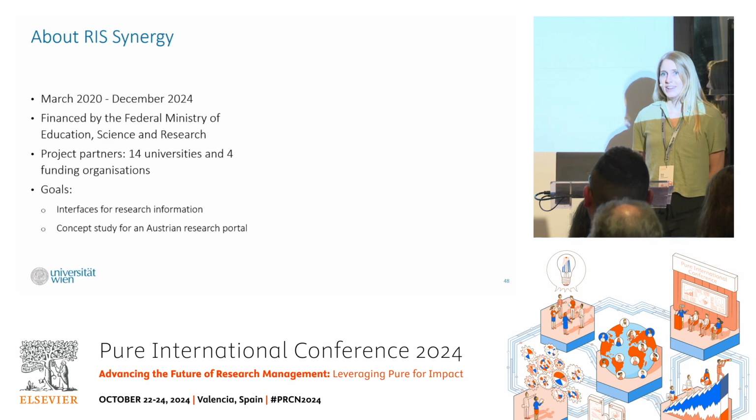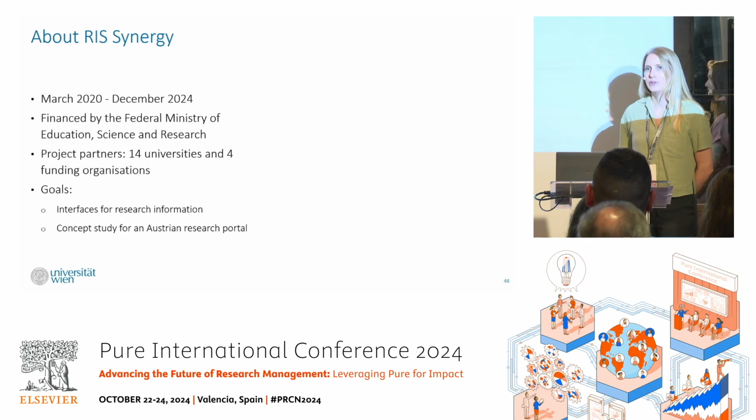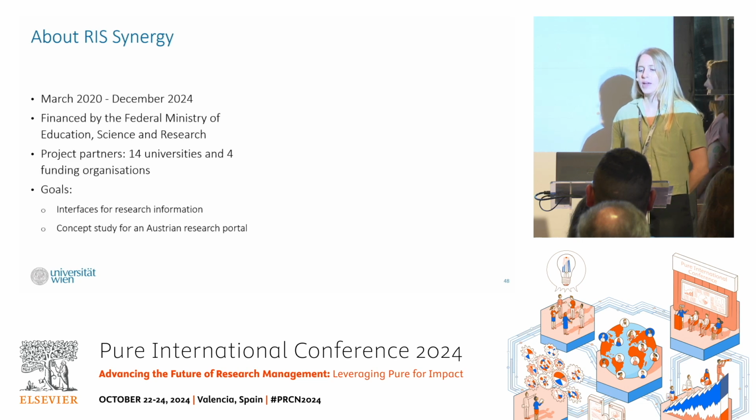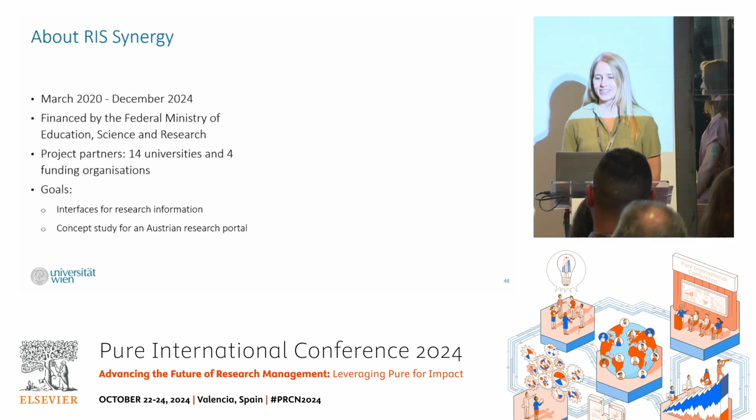This doesn't mean that we will, like in Israel, get a national portal, but we did study this concept for about 4 years and analyzed some use cases. But today I'm not going to go into detail into that. We're going to talk about the interfaces.